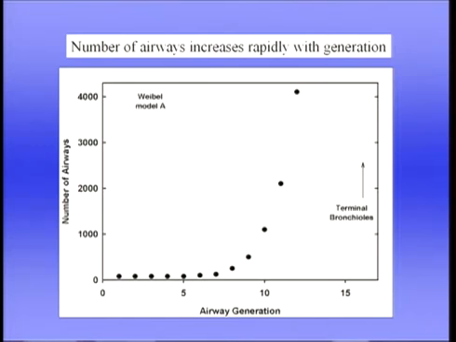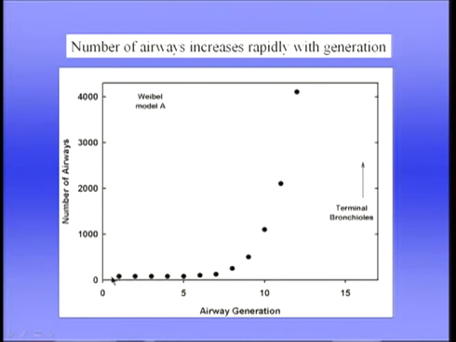It turns out that the number of airways at each generation increases very rapidly as we go down the lung. Here's a plot showing the number of airways, and this is from the Weibel model that we've talked about several times now. This shows the number of airways for each airway generation.